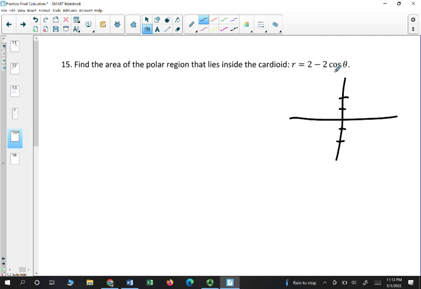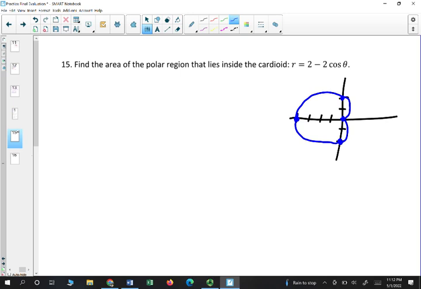So we're going to be sitting on the negative side of the x-axis. 2 plus 2 would be 4. Two going up, 2 going down, and then 2 minus 2 would be 0. Okay, so we're finding the area of this shape.